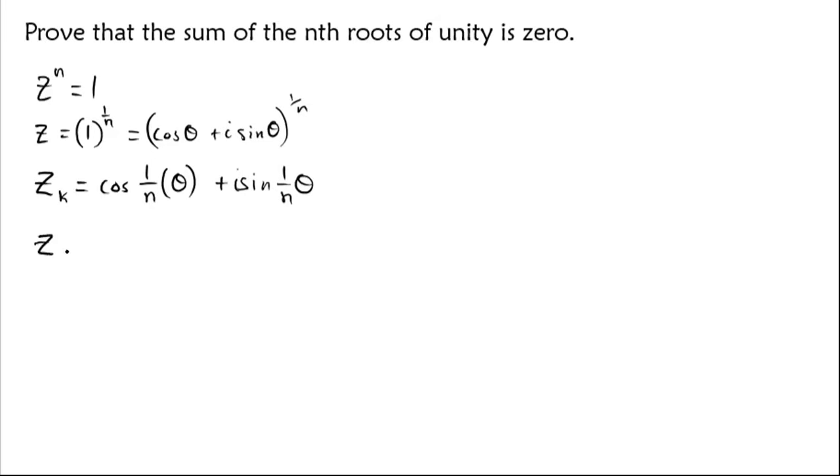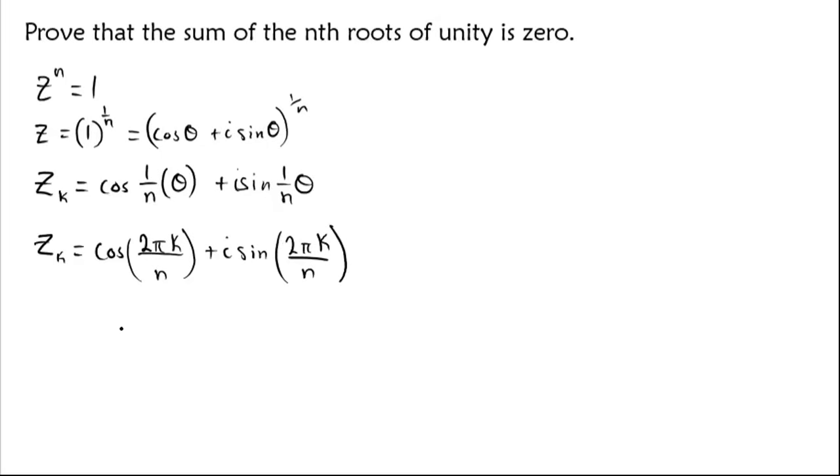So we can say zk is equal to the complex number, cos, our theta is 2 pi, and this is multiplied by k, because we know that it can be a multiplier, plus I sine 2 pi k divided by n, like this.